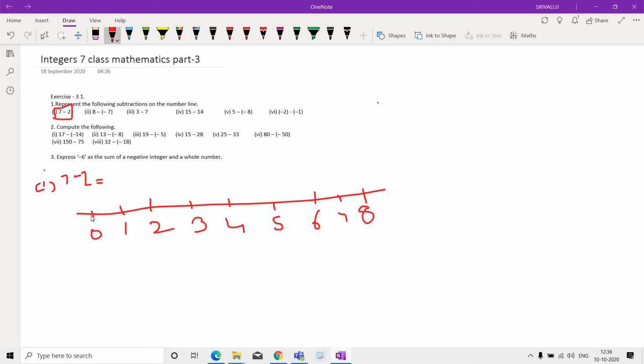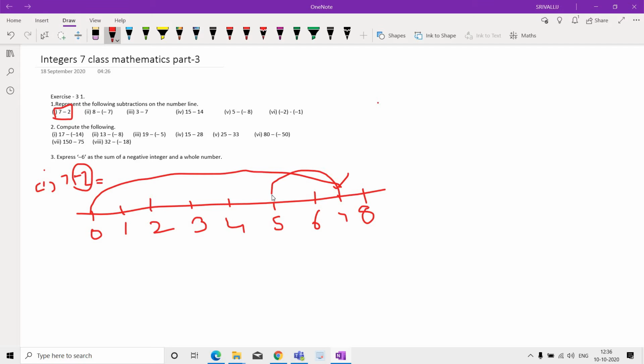So 7 minus 2. From 0 to 7 I am jumping. Then I subtract 2 from 7, so I am jumping from 7 to 5, because if we subtract 7 minus 2, we will get 5. 2 numbers I am coming to the left side, 1 and 2.